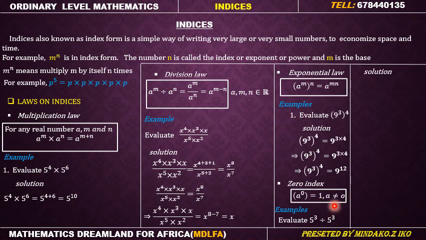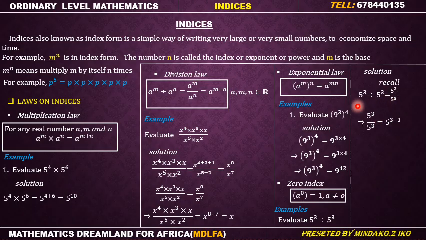Let's look at the solution. Record that 5 to the power 3 divided by 5 to the power 3 is simply equal to 5 to the power 3 divided by 5 to the power 3.